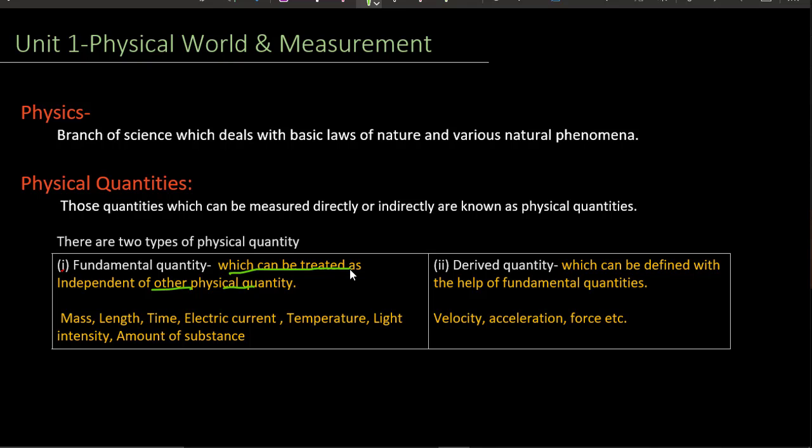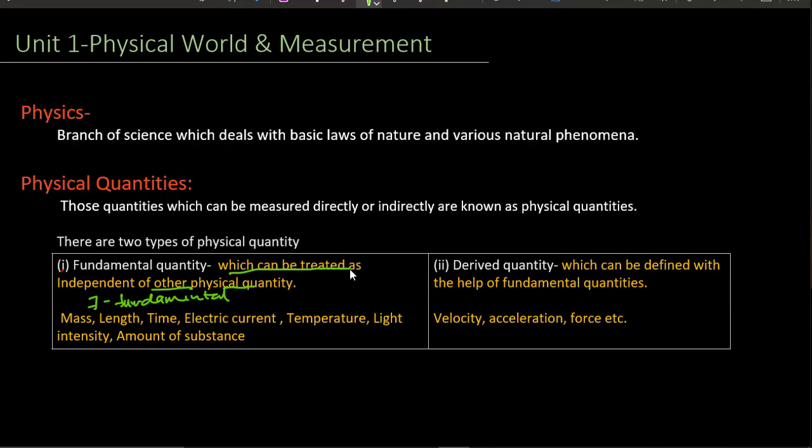There are 7 fundamental quantities: mass, length, time, electric current, temperature, luminous intensity, and amount of substance. These 7 quantities are known as fundamental quantities.